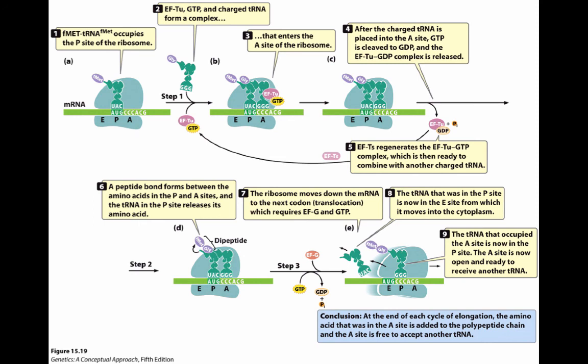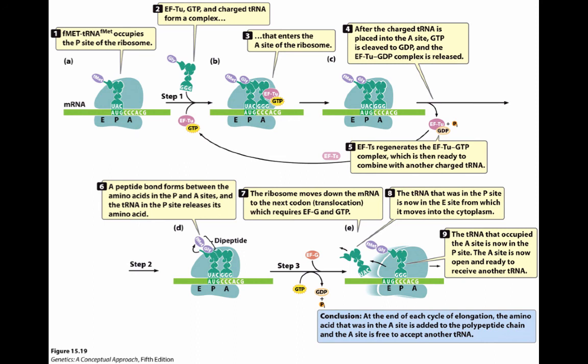Then the ribosome is going to move down the mRNA strand to the next codon, and the transfer RNA that was in the P site is now going to be in the E site, from which it moves into the cytoplasm. And finally, the transfer RNA that occupied the A site is now going to be in the P site, and the A site is now ready and open to receive another transfer RNA.